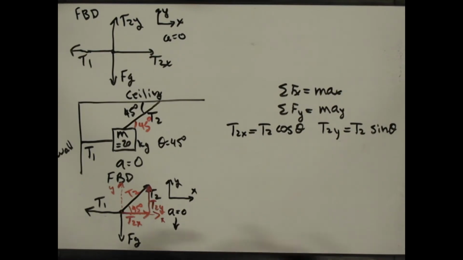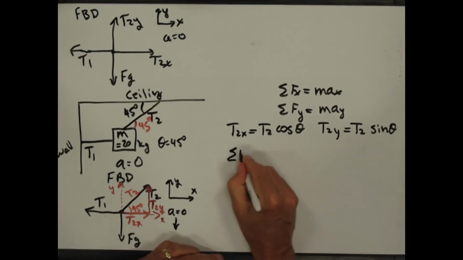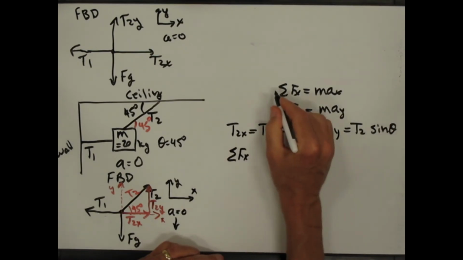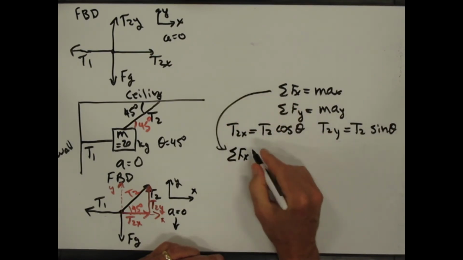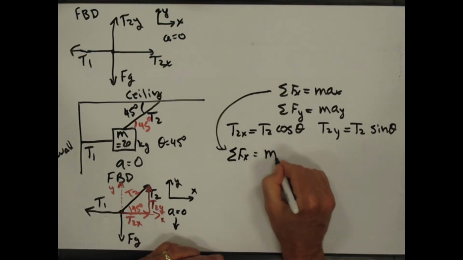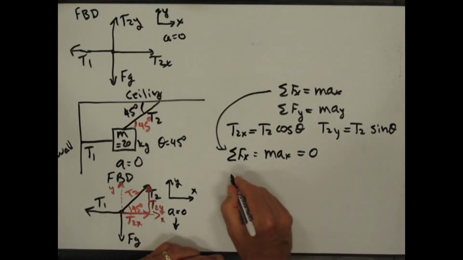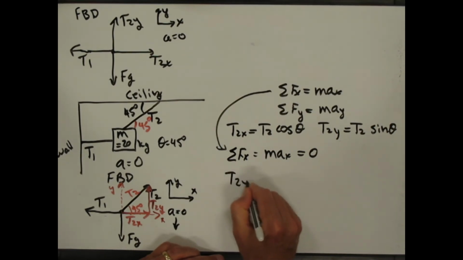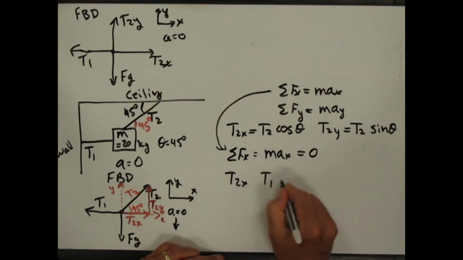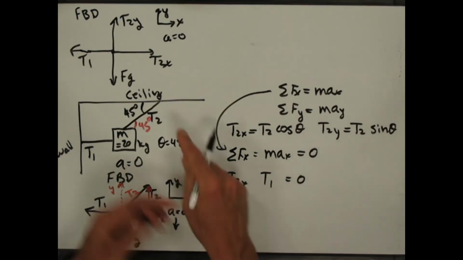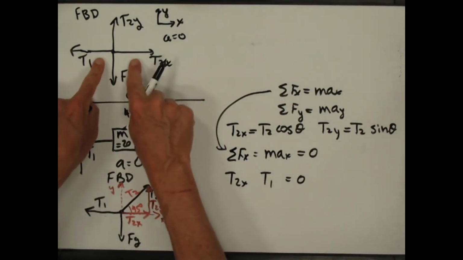And so if I do my sum of the forces in the x direction, I would get this. The sum of the forces in the x direction is equal to m a sub x. That's just 0, right? And so this says T2x minus T1 equals 0. The two forces acting in the x direction are these guys.